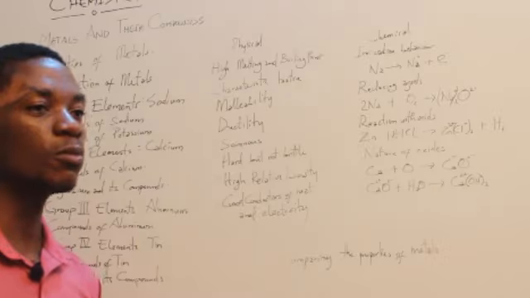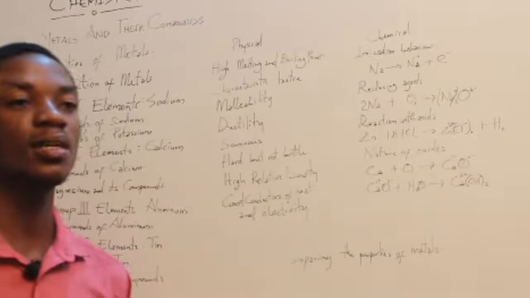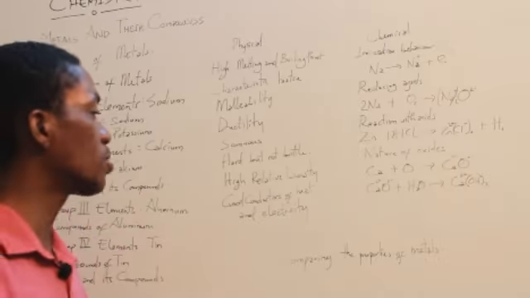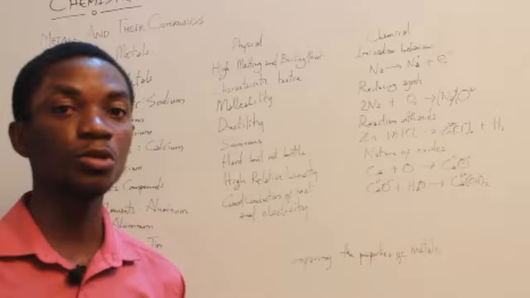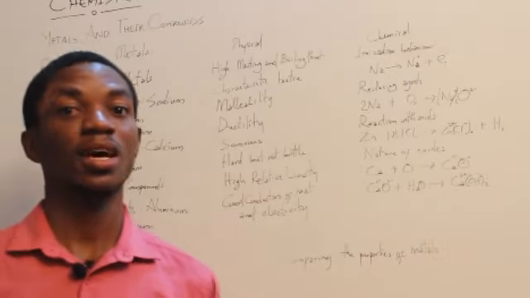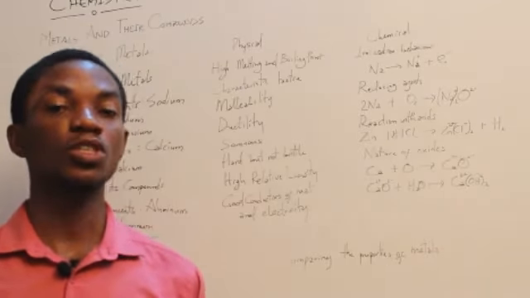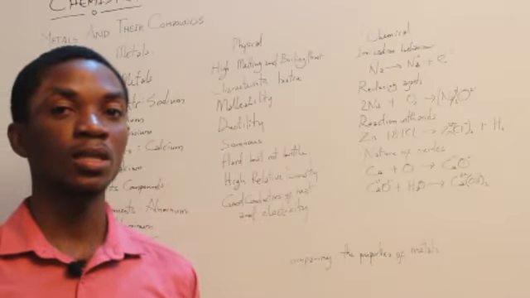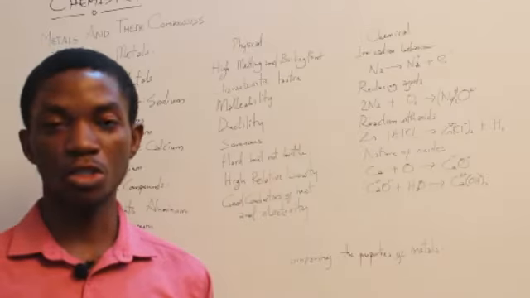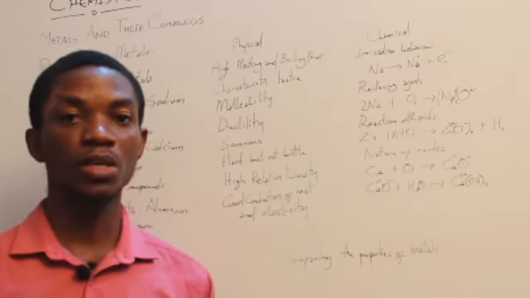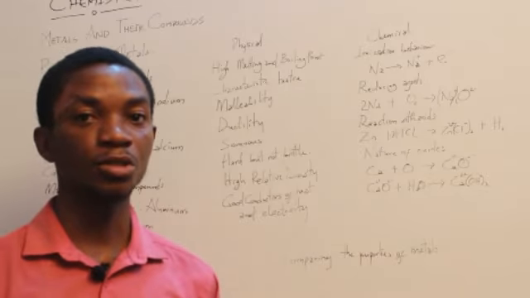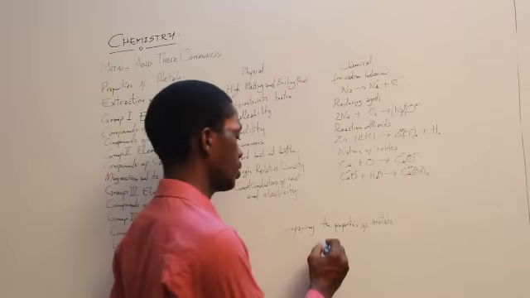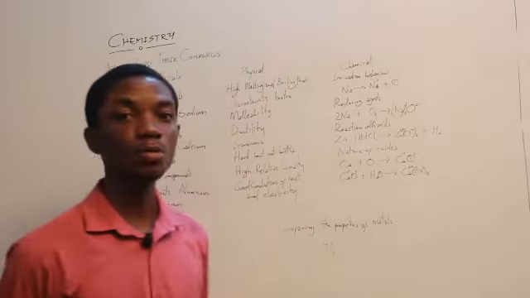Well, let me point out something before we go on. There are two metals that are actually very odd. They do not behave like most metals do, and those are hydrogen, which is a gas, and mercury, which is a liquid at room temperature.